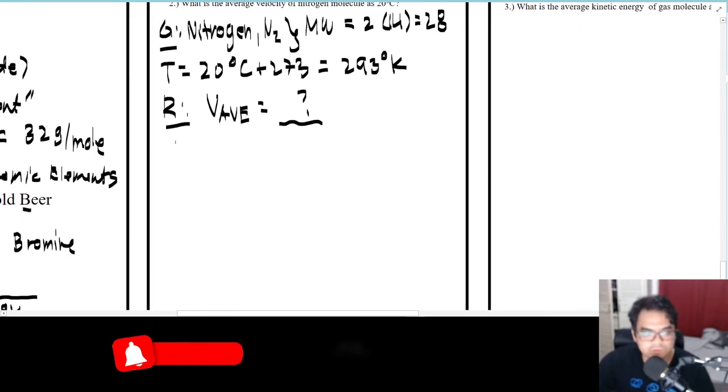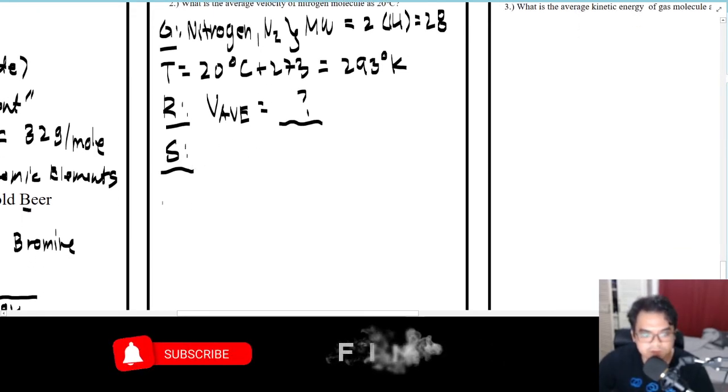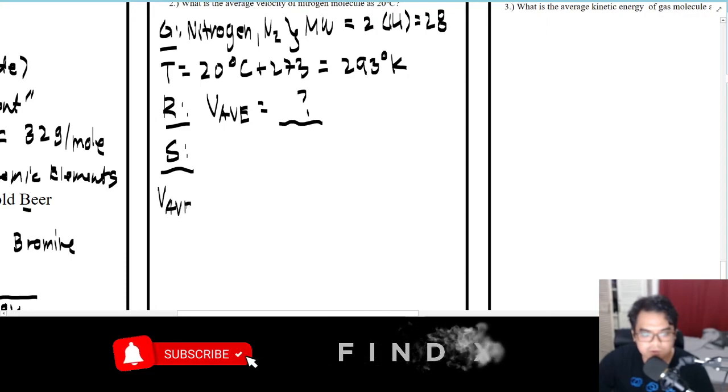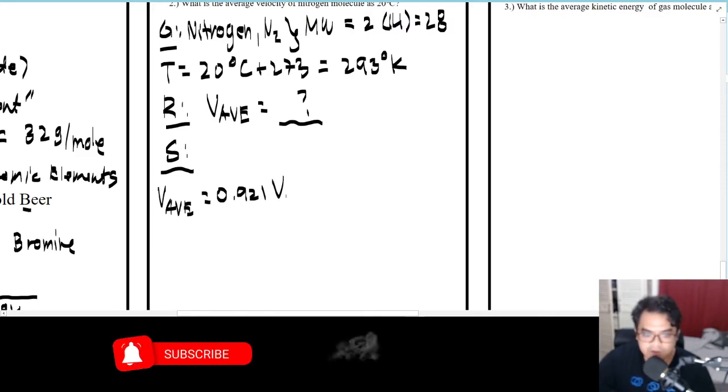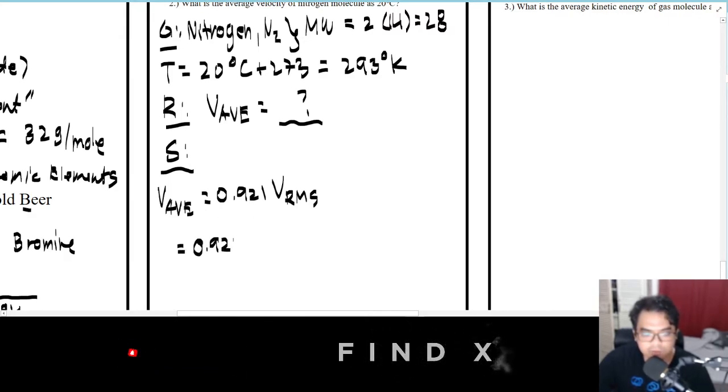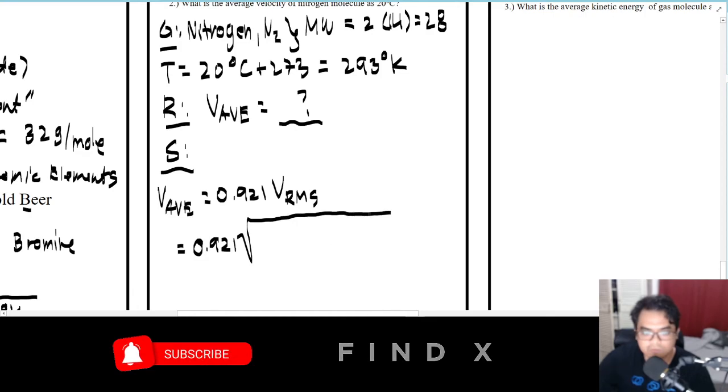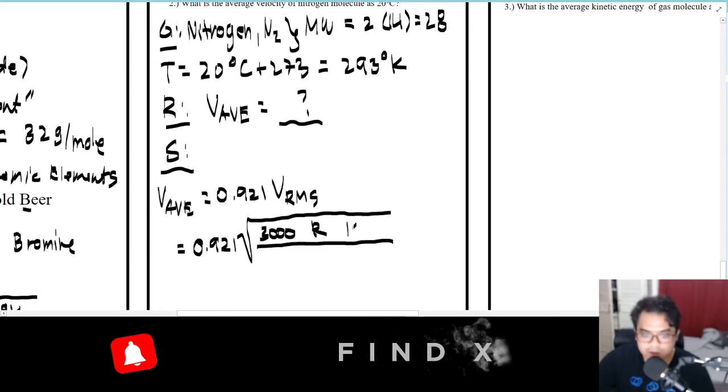So for the solution for this one, the average velocity is just equal to 0.921 of the VRMS, right? RMS. Therefore, I can also rewrite this as 0.921 square root of 3000 R Kelvin, right? All over the molecular weight.